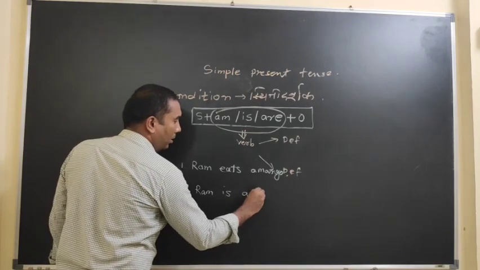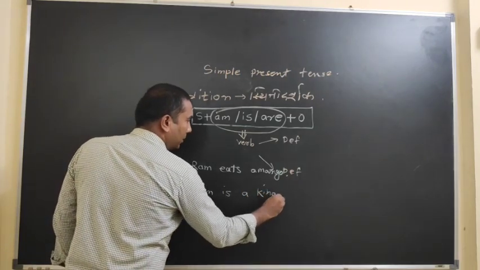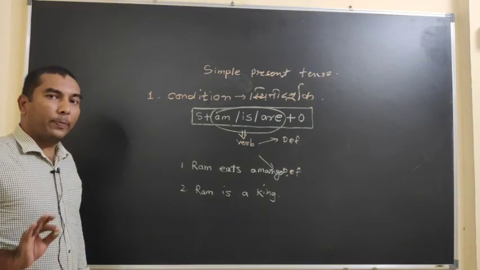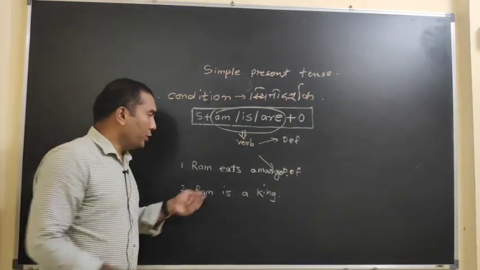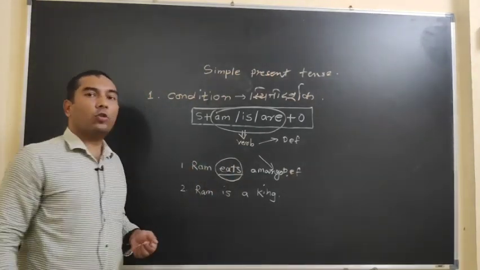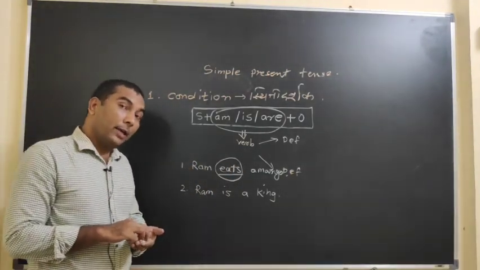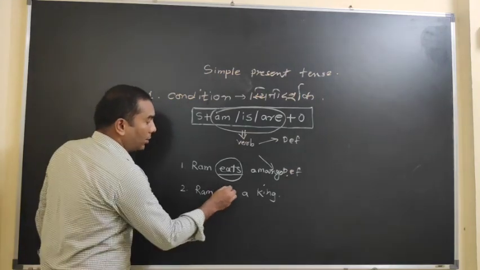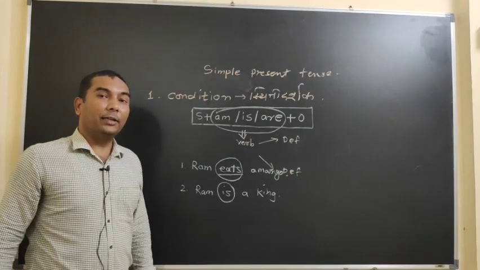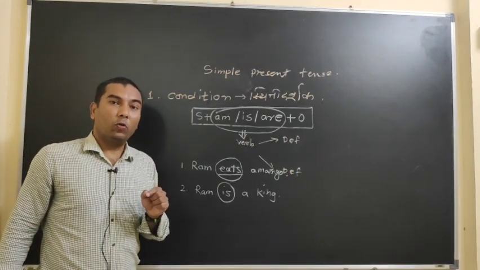इज अ किंग. Now look what I have said to you about the verb, that the word which denotes the action in the sentence is called a verb. And the second definition is like that way, the word which completes the meaning of the sentence is also called a verb.